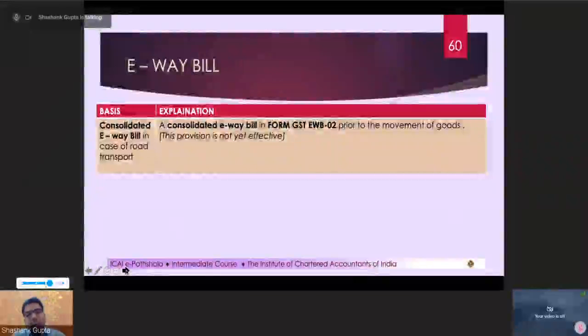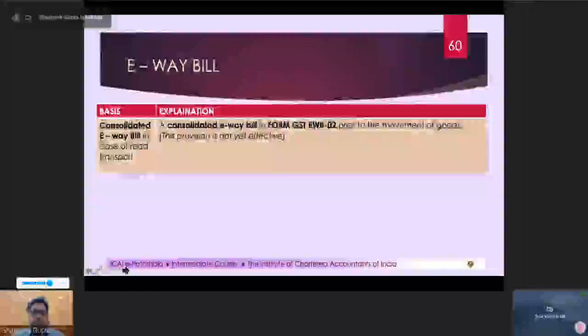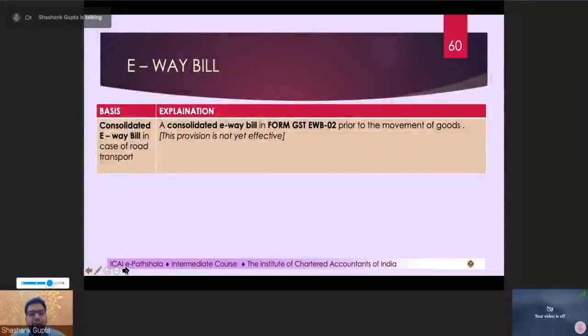And like me, there will be n number of other people who would be wanting to transport something or the other to Bangalore. And in these cases, generally, the truck will wait to get completely filled for all the consignments to Bangalore. And once it is entirely filled with multiple consignments, it will then commence its journey to Bangalore.